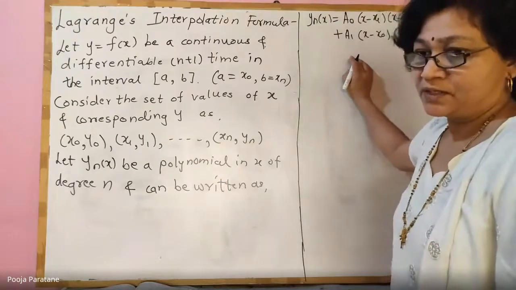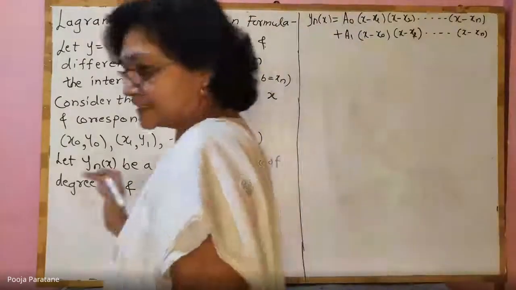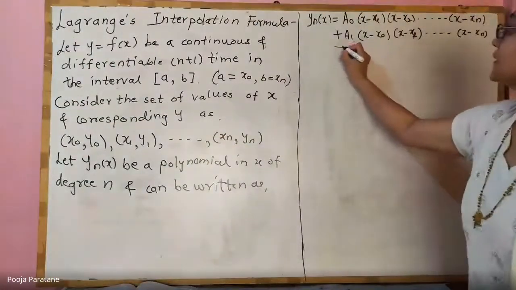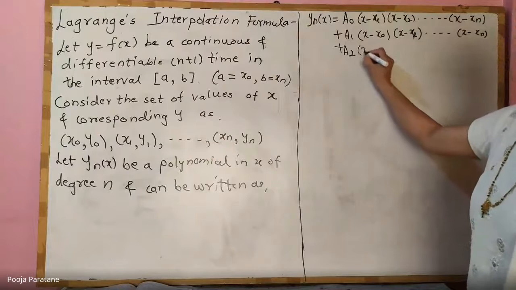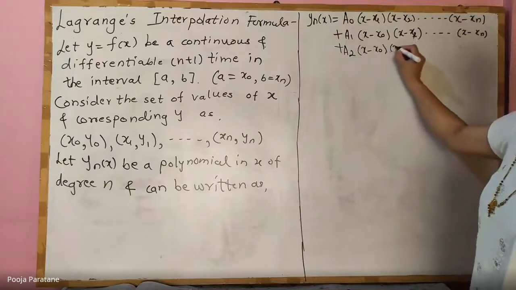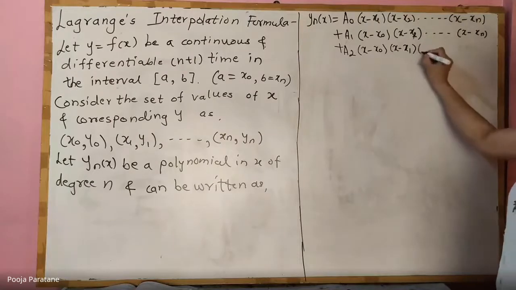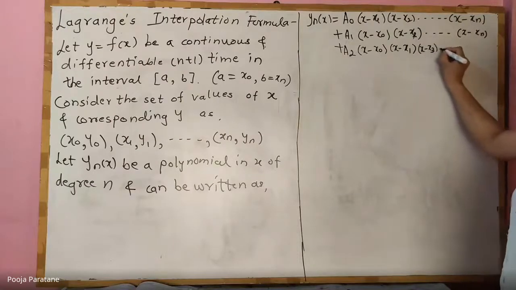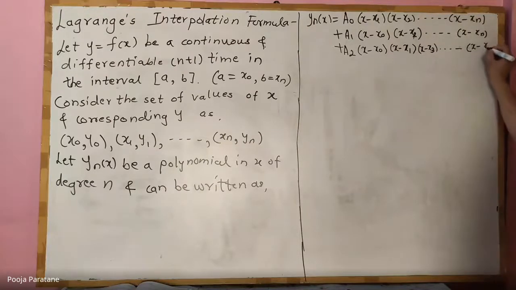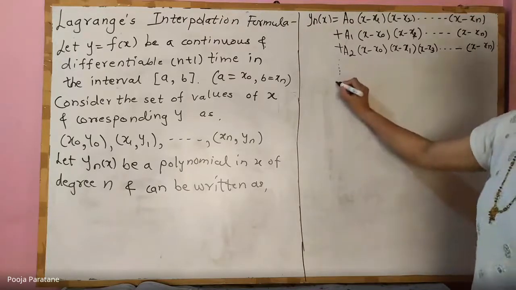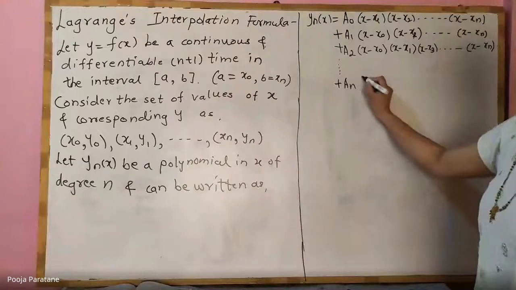So the next term you can write as (x minus x0), now x minus x1 will not be there, then (x minus x2), (x minus x3), up to (x minus xn). In this way, we can write it.